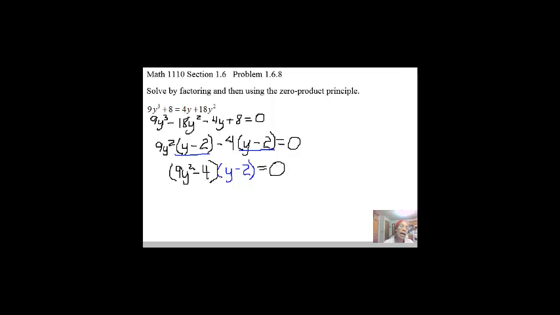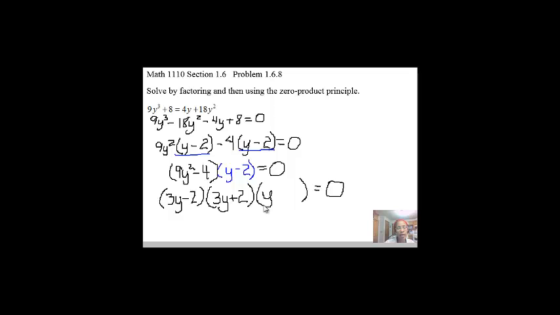Now, I notice that this expression, 9y squared minus 4, is a difference of two perfect squares, so I can actually factor that further. So 9y squared minus 4 factors into 3y minus 2 times 3y plus 2.